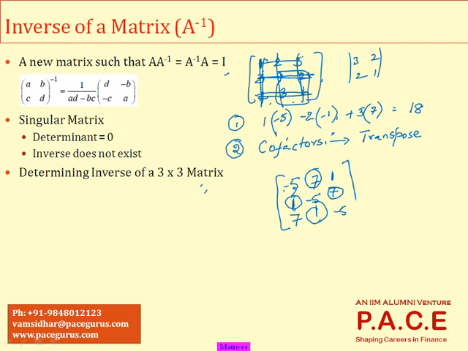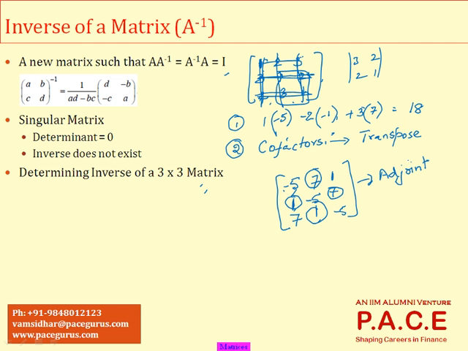So this is what is called my adjoint matrix. What is this adjoint matrix? For a matrix, you find the cofactors for each of the elements and then transpose those cofactors. Cofactor is what? For each element, you remove the row and remove the column corresponding to it. So it results in another 2 by 2 matrix.